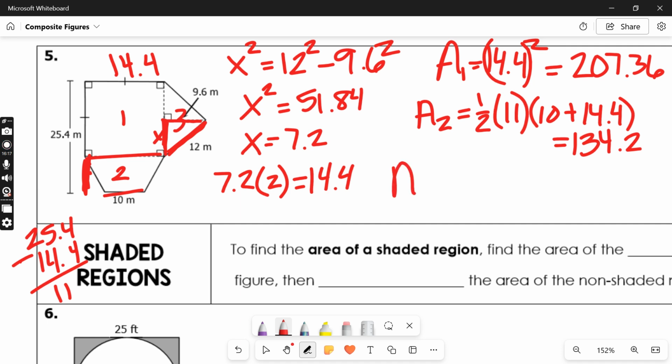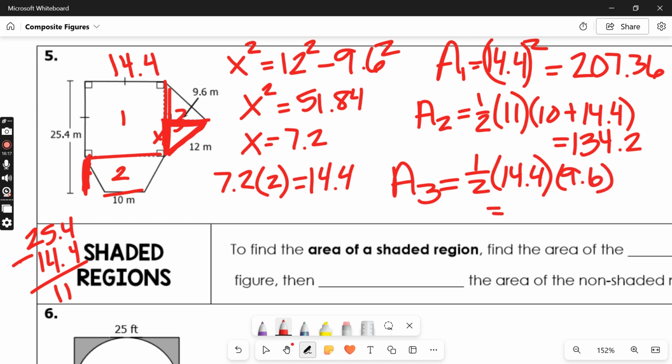And then the last one I have is that triangle. The formula for a triangle is 1/2 the base. The base is the whole side of that square, which is 14.4, times height. And the height of that triangle is 9.6. Then I'm going to multiply those, and I get 69.12.